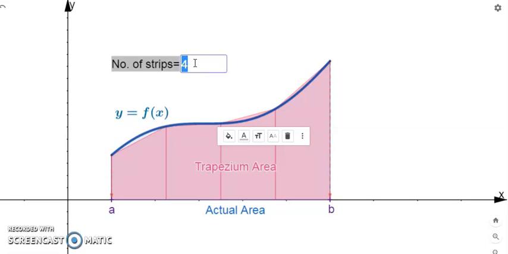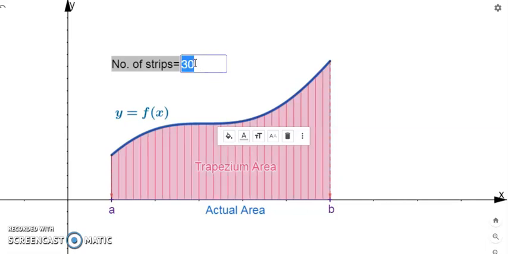As you can see, when I insert up to four strips, the four trapeziums have almost the same region as the area under the curve. And what if I insert more strips? Let's say 5 strips, 6 strips, let's say 10 strips, 30 strips.